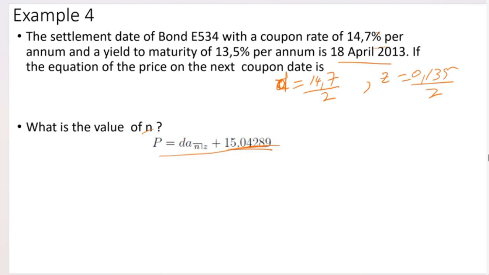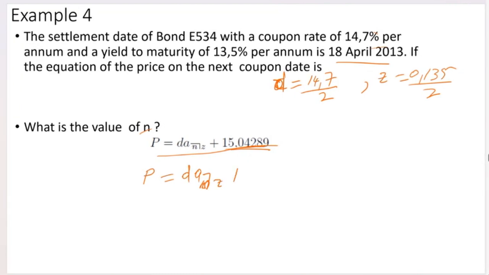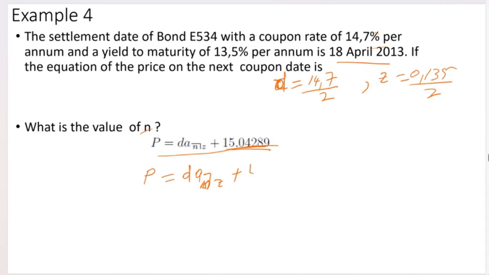Let us rewrite the formula. The formula for the present value is equal to D, A, this is N, plus this is 100, this is 100 into 1 plus Z to the power minus N. So we are looking for N. For us to calculate N, we can only pick up this and say this is equal to that.